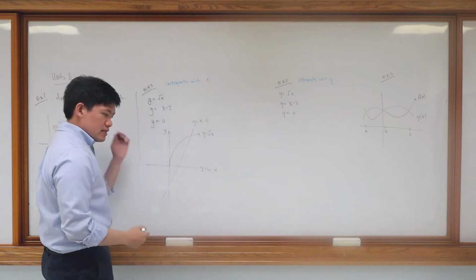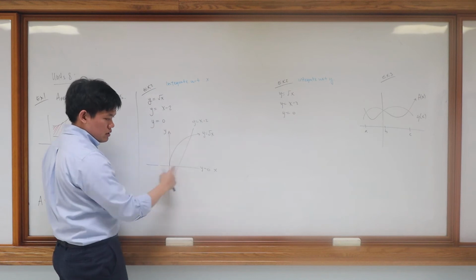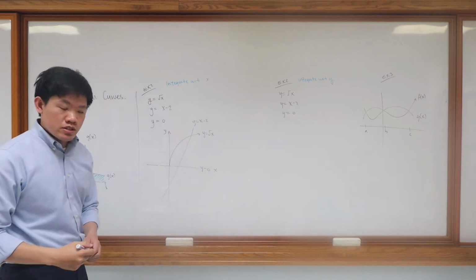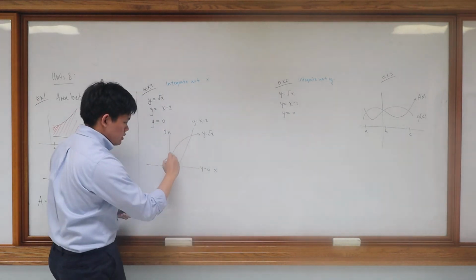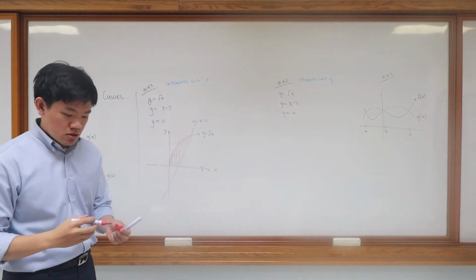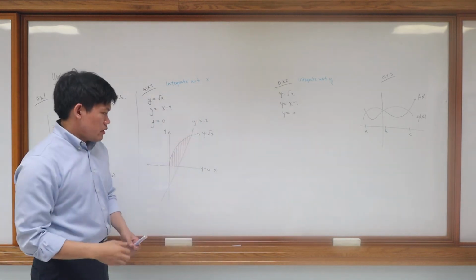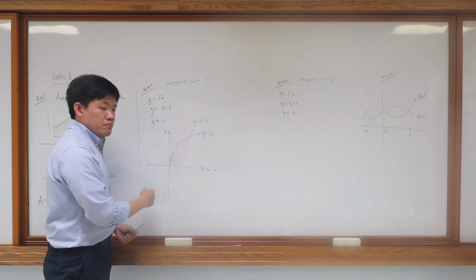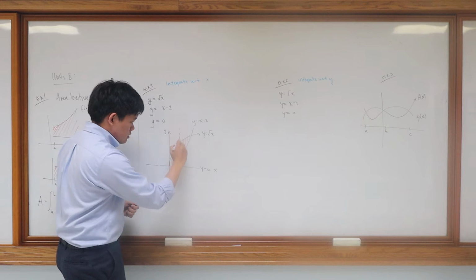In this case, I am bounded by this function and this function, so the region of interest is this region over here. Let's draw vertical lines because that's what my partition is going to look like. As you may have already noticed, it's not bounded by the same function throughout. So in this region, let's draw a line here.